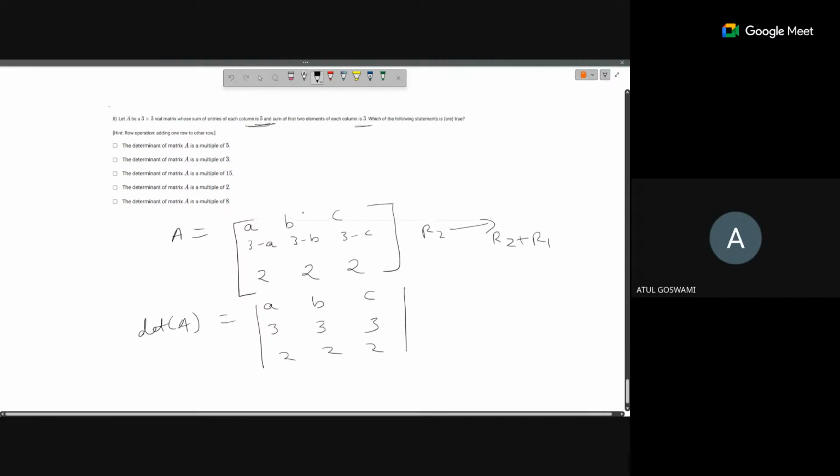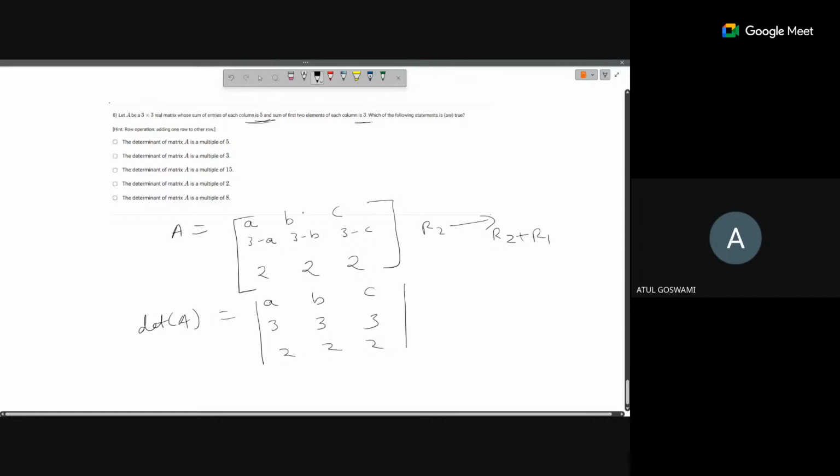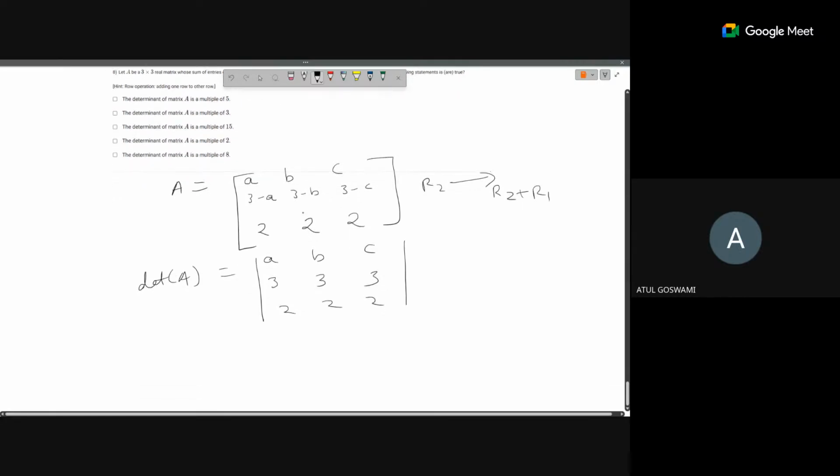Okay. When I add these two columns while finding the determinant of A. Okay, sorry. Why are we saying that this is incorrect? Yeah, we are correct. The determinant is 0 definitely.